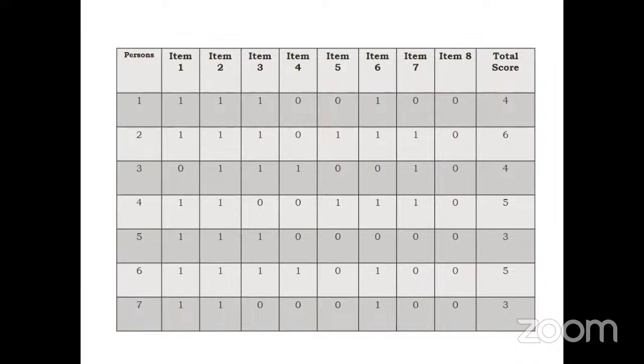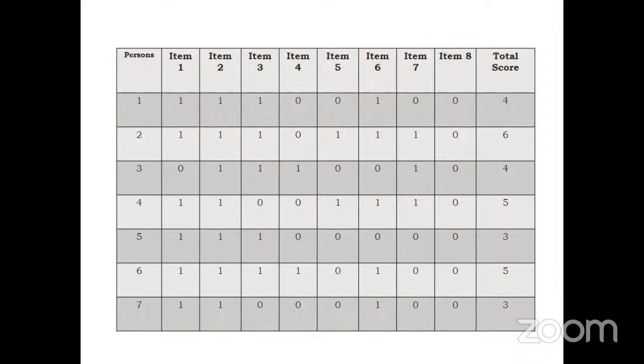Let us consider this hypothetical example where you have items up to item number 8. So there are 8 items, and 7 people who answered all these 8 items. Now let's see what each of these people scored.